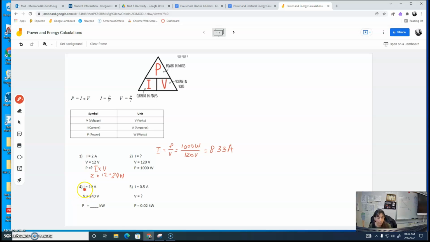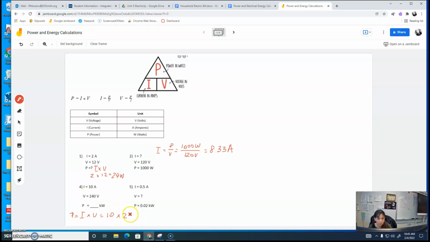Moving on to number 4. We are given current in this case. We are given voltage. We are asked for power. So let's calculate the power again using our formula for power from above. It's just current times voltage, so I times V. In this case, current is given to us as 10 amps.